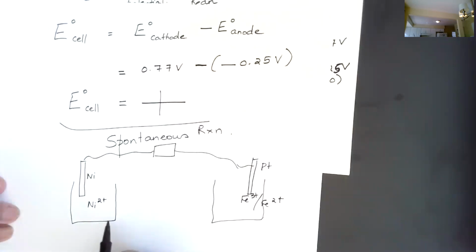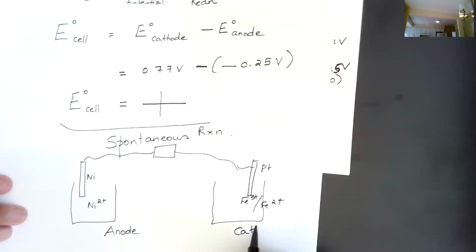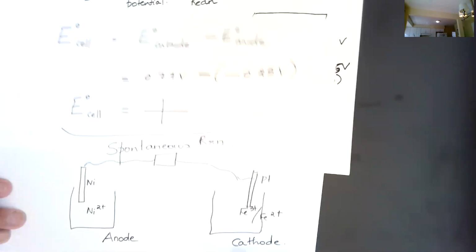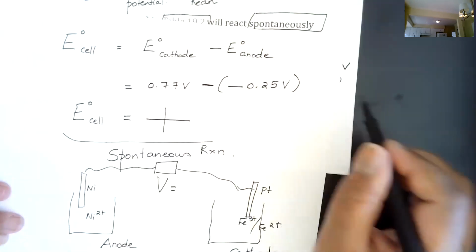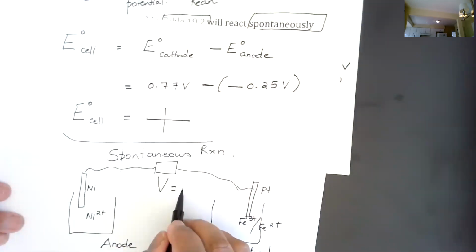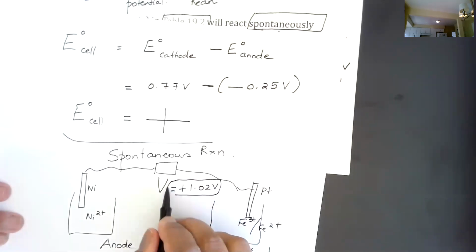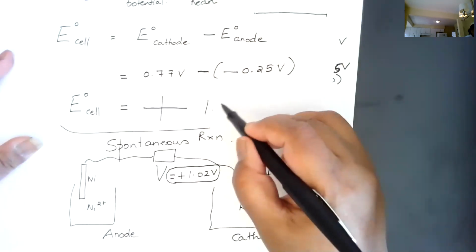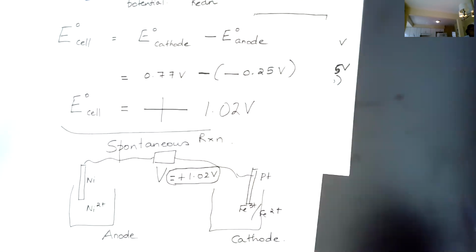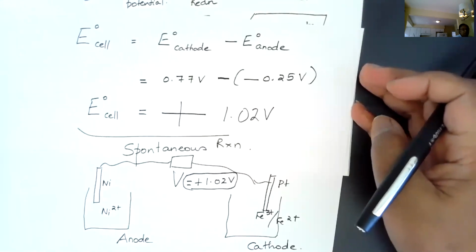Okay. So this is my anode. This is my cathode. And the voltage shown here will be 0.77 plus 0.25 volts. And this engine will run. You're beginning to understand? We'll be doing more examples.